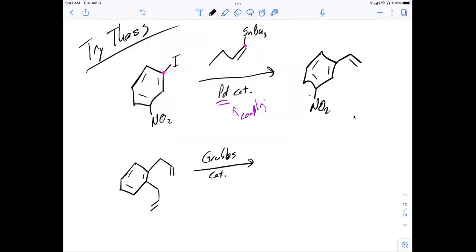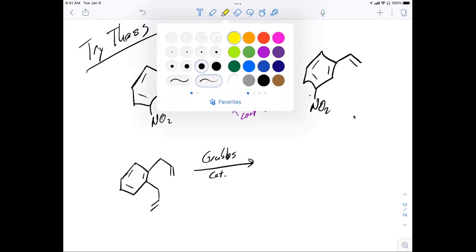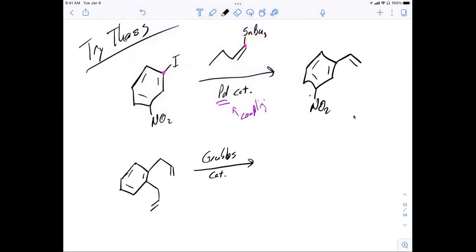Make sure that your stereochemistry is the same. And I was just about to make a mistake. So if this is cis here, then my product should be cis also. Right. So I retain that coupling. So wherever the tin is, that's where this gets attached. It's not the case with Heck, right? Heck is going to go with the most stable, but the rest of these, where the metal's attached is where I'm going to couple. Okay.